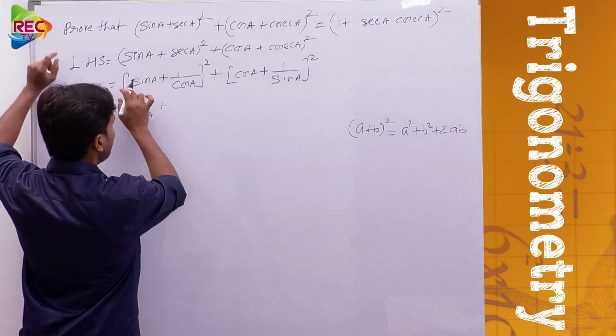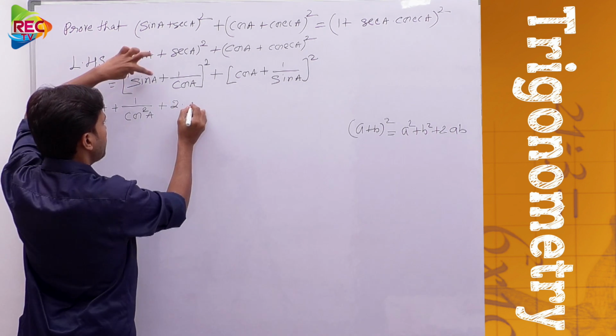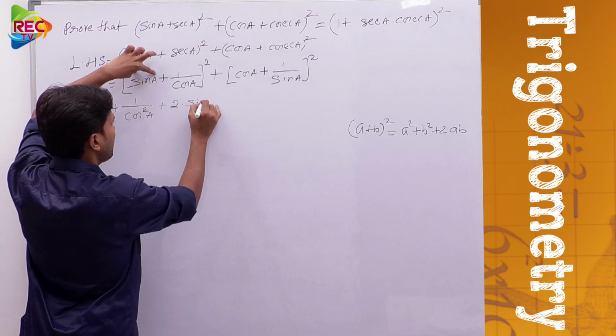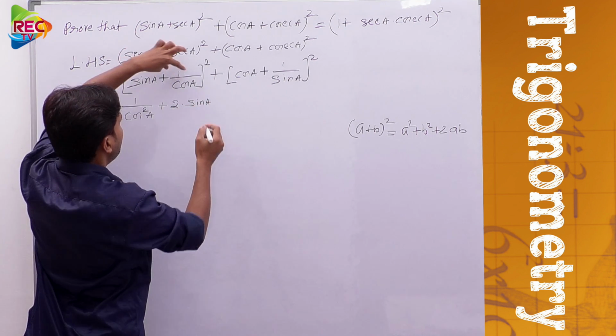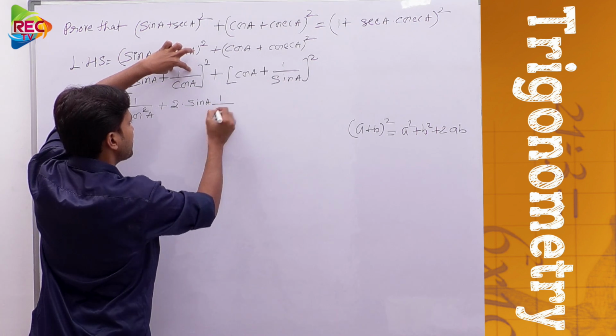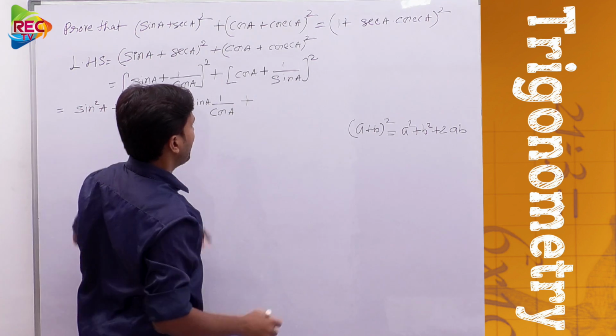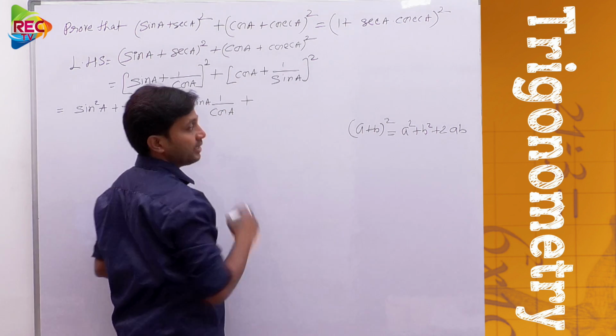What is 2AB over there? 2 into A into B. A is sin A, into B, which is 1 by cos A, or not? Yes, 1 by cos A. Plus, again go for the second bracket.